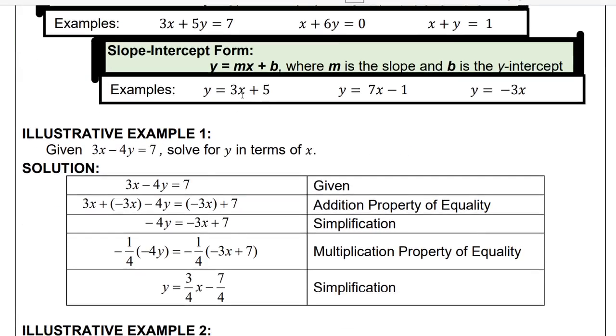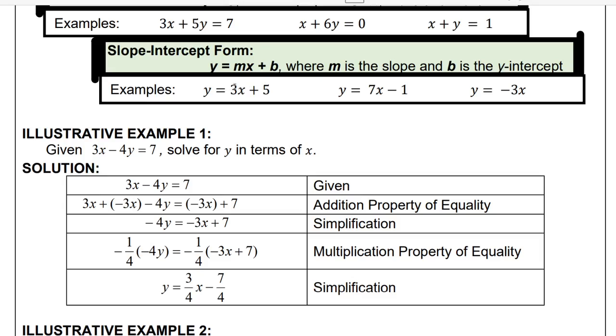So here are examples of slope-intercept form. We have y equals 3x plus 5. Another example, y is equal to 7x minus 1. And y equals negative 3x. From the given definition, we have here m is the slope and b is the y-intercept.